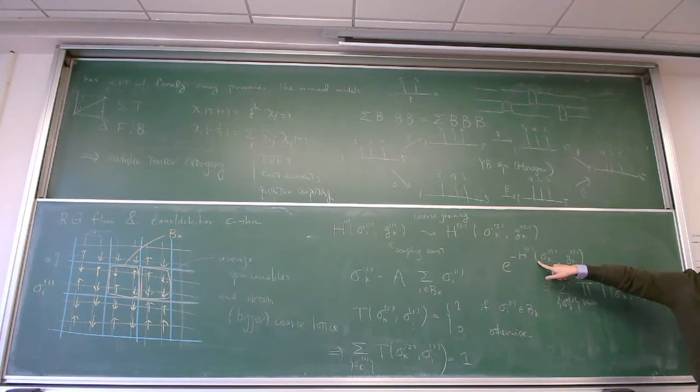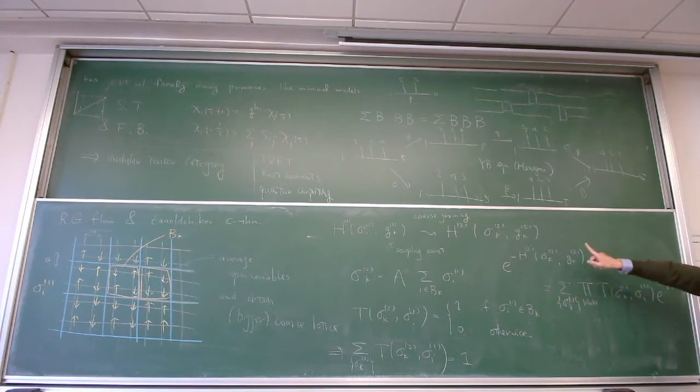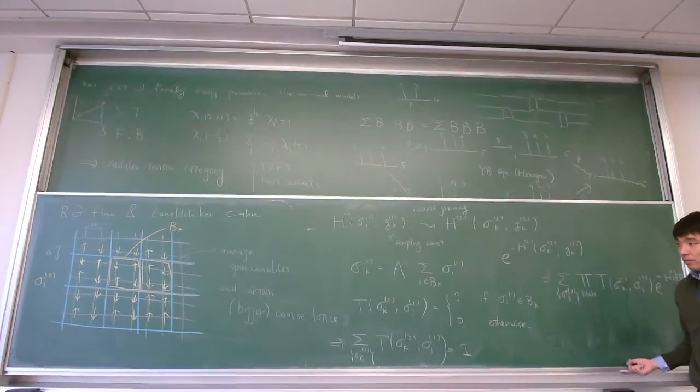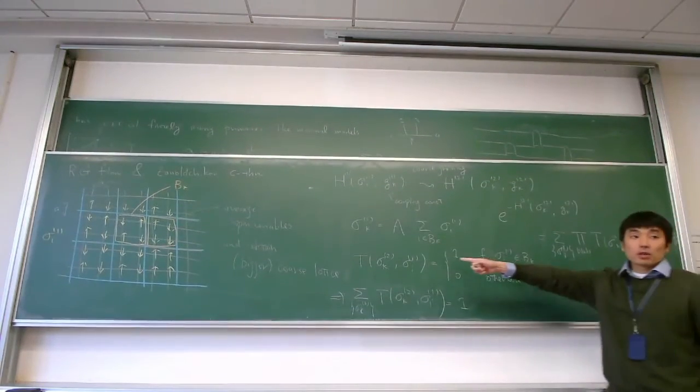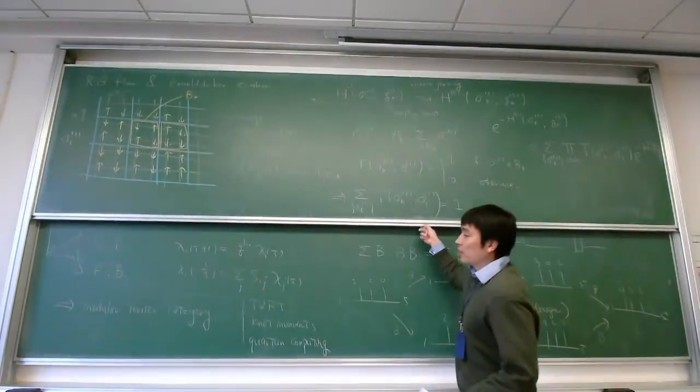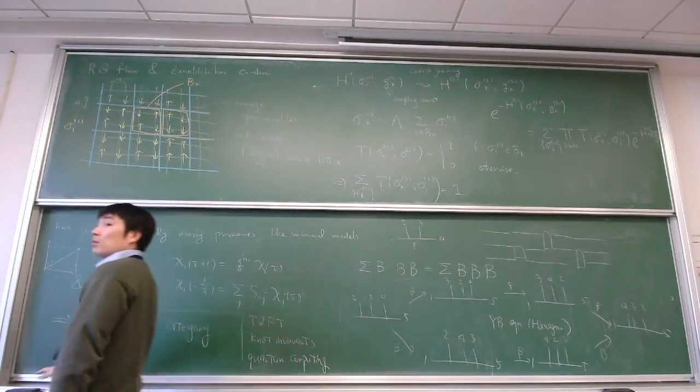Therefore the new coupling constant can be written in terms of the old G by averaging over all the spin variables. That's the idea. The T matrix connects all the old spin variables and the new spin variables.